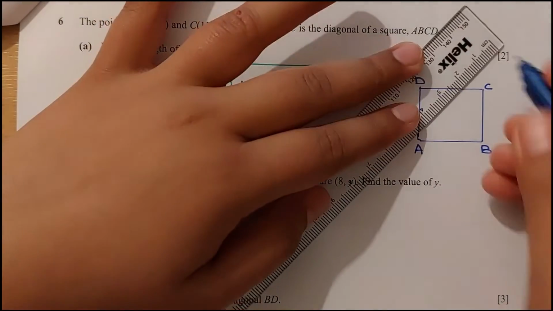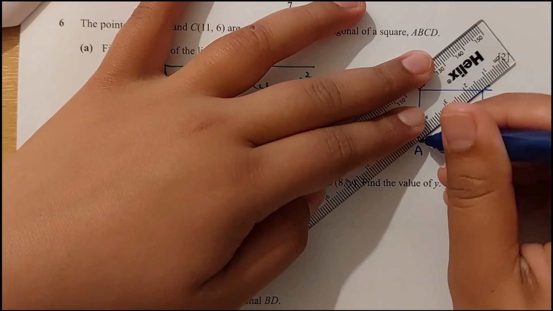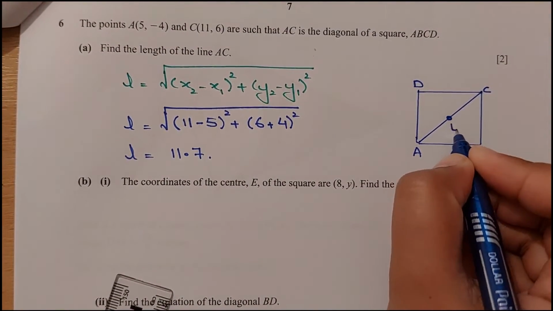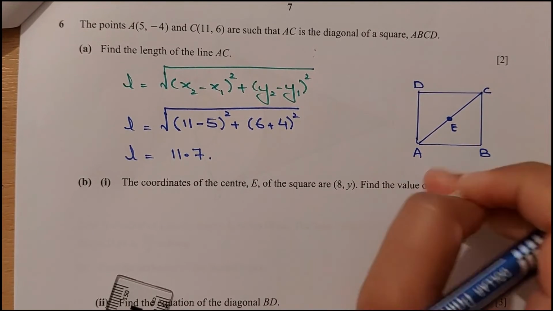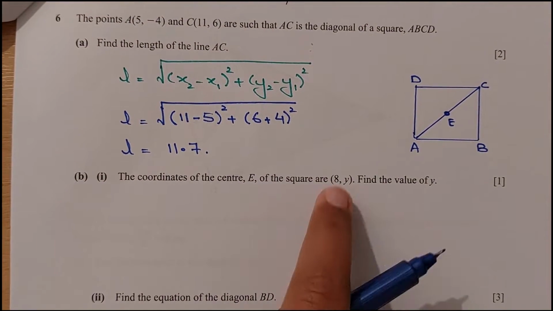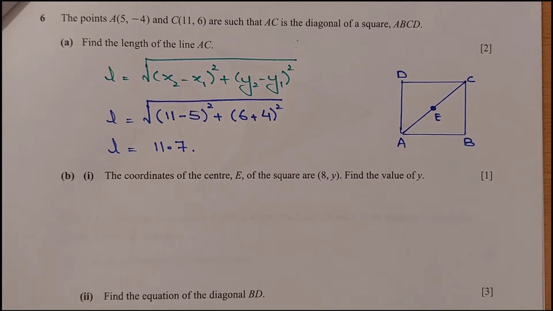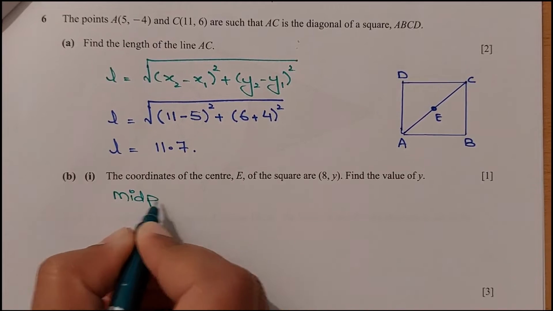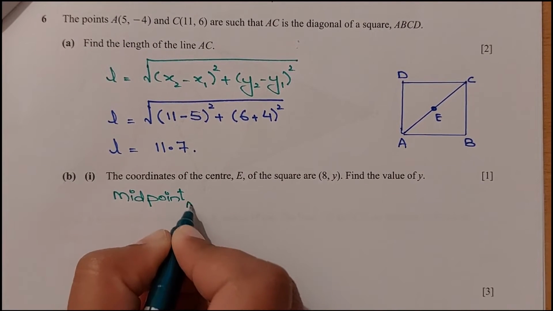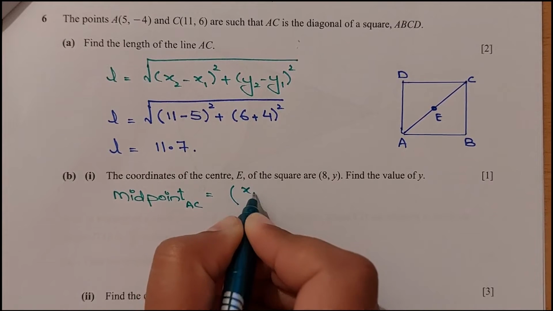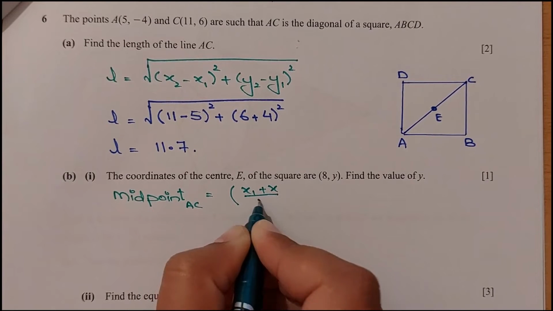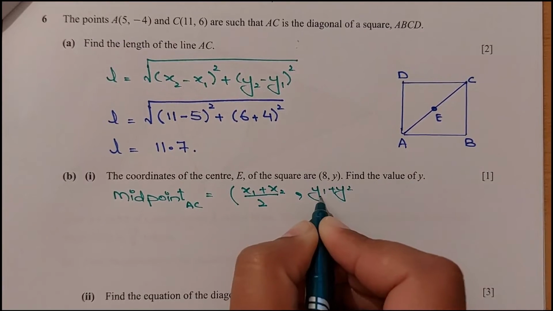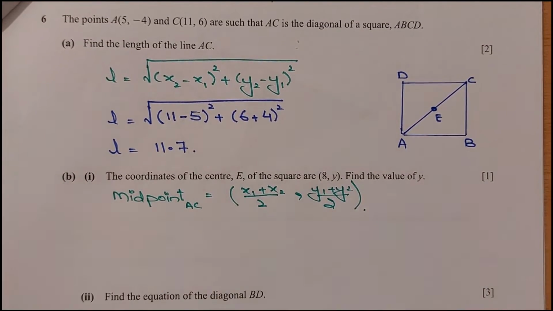So AC is the diagonal, right? AC is the diagonal, and we need to find the center point, that is E. So we need to find the midpoint of AC, and that is (8, y), right? So using the midpoint formula, the midpoint of AC is (x1 plus x2 divided by 2, y1 plus y2 divided by 2), right?